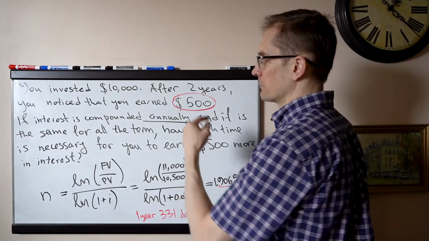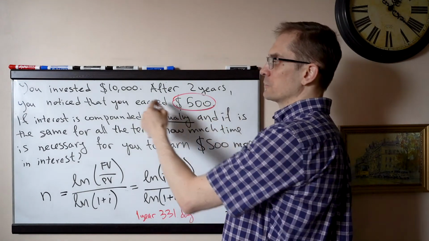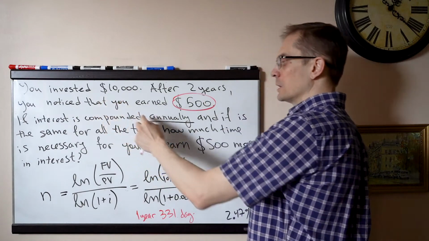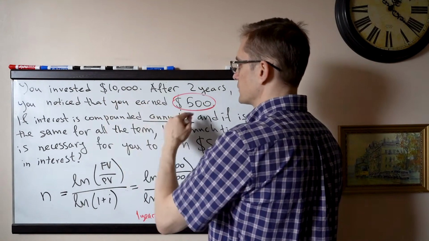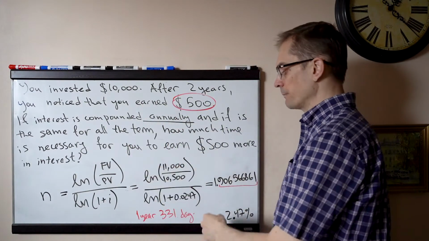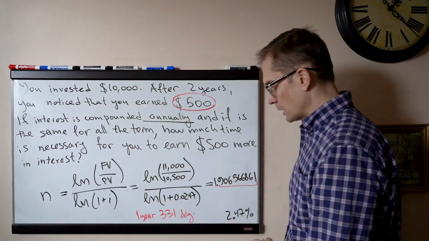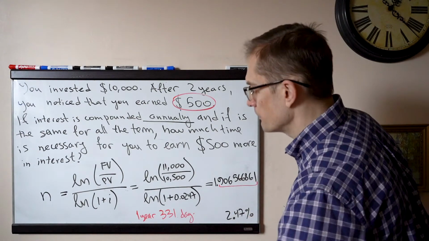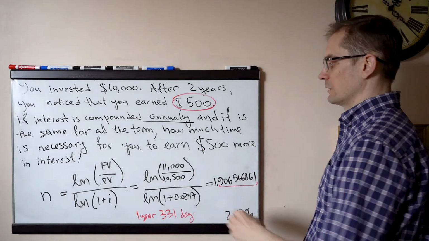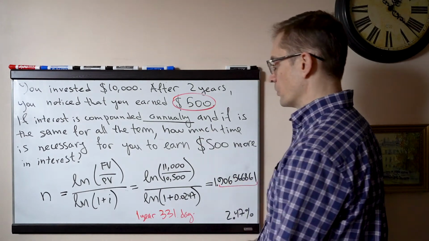Think about it. To get the first $500 of interest, you had $10,000 in your account. But to get the second $500 of interest, you already have $10,500 in your account, right? So it takes you 1 year and 331 additional days to accumulate 500 more interest.